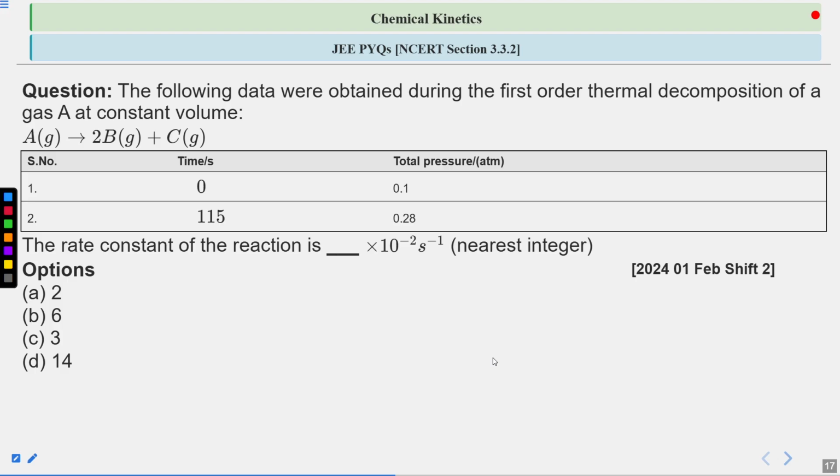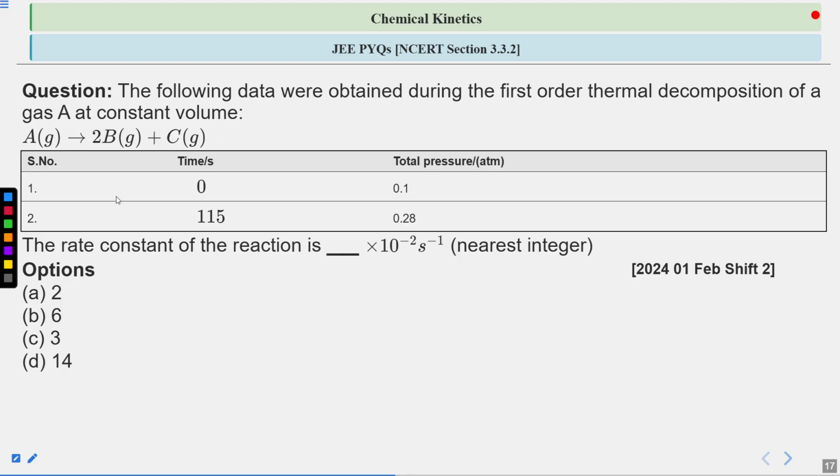We have the tabular data. This reaction is A, in the gaseous form, undergoing decomposition and giving 2B plus C. Both are in the gaseous phase.